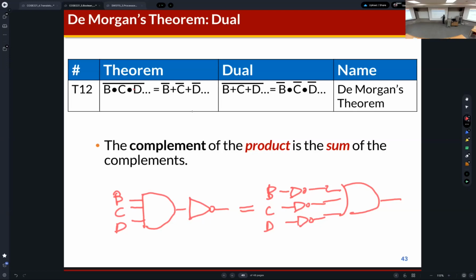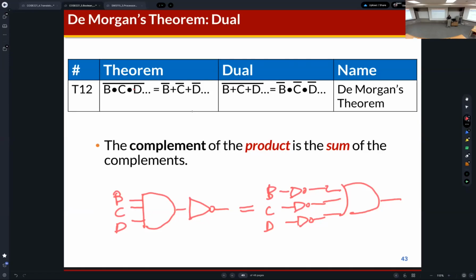Then this equation can be translated into the inversion of all inputs, and the gate is changed. The AND gate is changed to the OR gate. Then that inversion is removed. This is De Morgan's theorem.